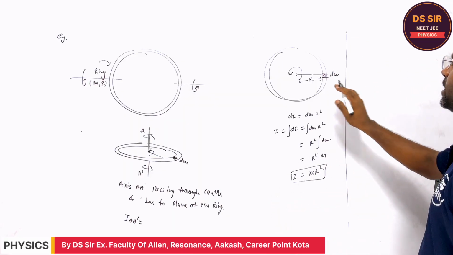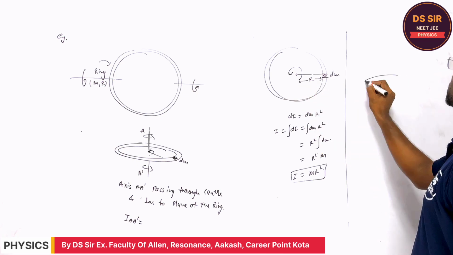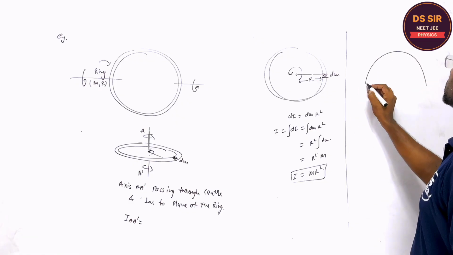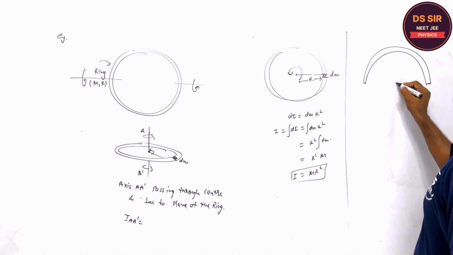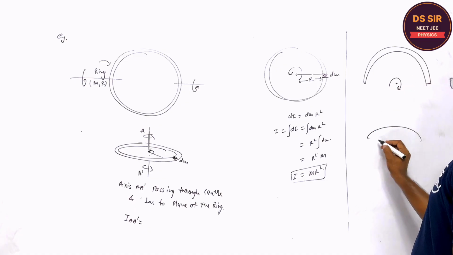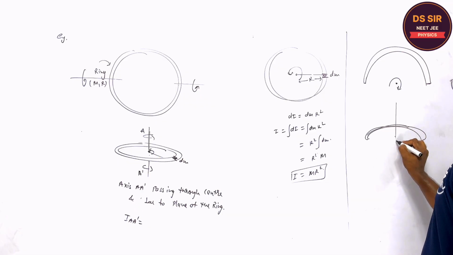Listen, one thing is very similar. Suppose you consider a semicircular ring, and this is the axis of rotation, or in 3D, this is the semicircular ring and this is the axis of rotation.